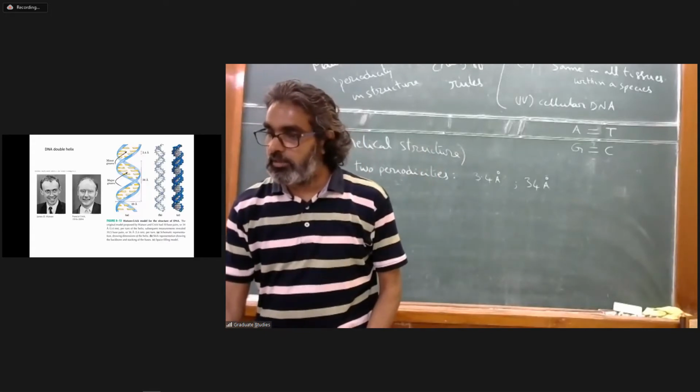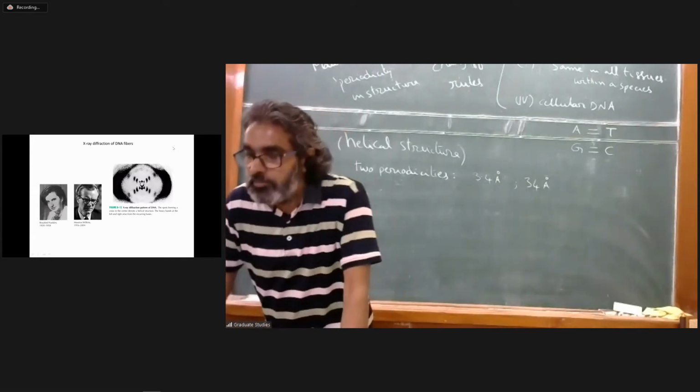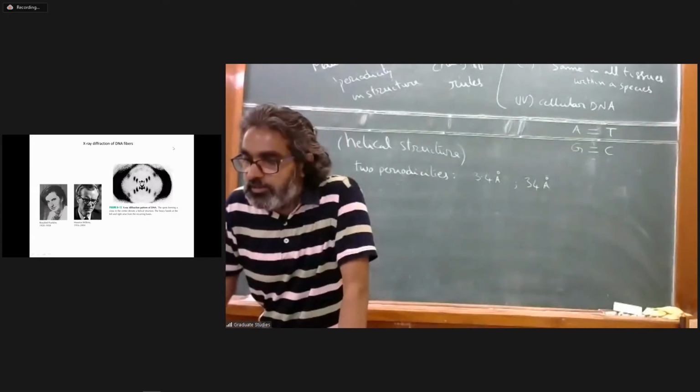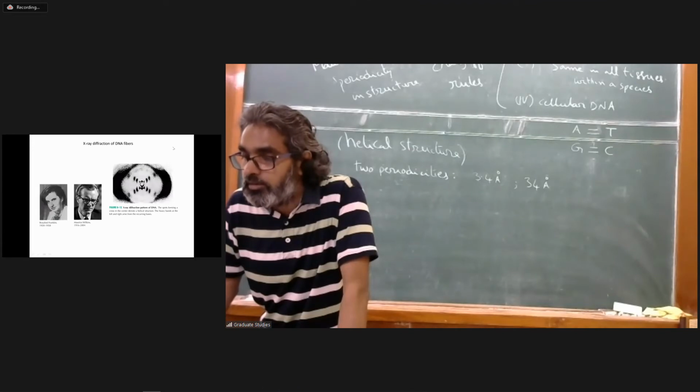Sir, how were the 3.4 angstrom and the 34 angstrom separations decoded from the crystallographic structure? That's what I'm telling you, I'm not really an expert on X-ray diffraction, unfortunately. But they say that from this, you see the spots? For example, you can see how far apart these spots are and at what angles they are.